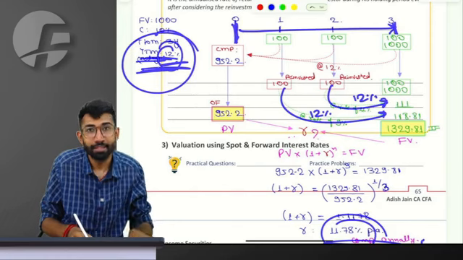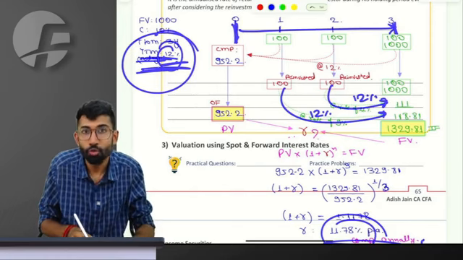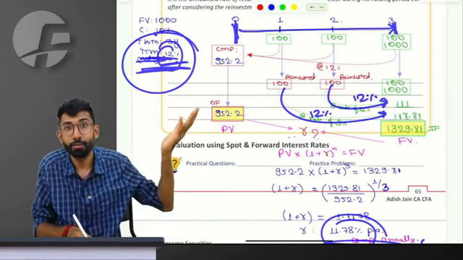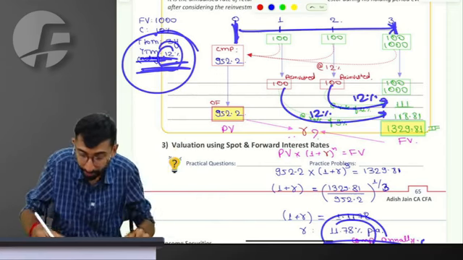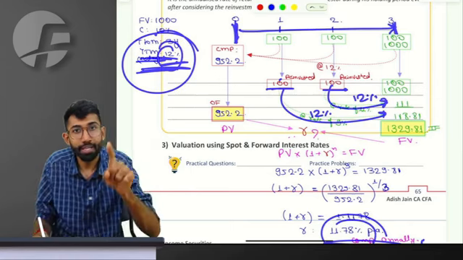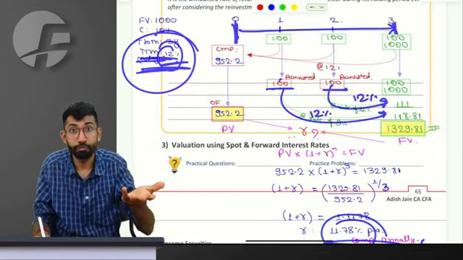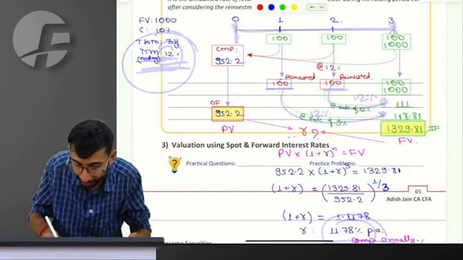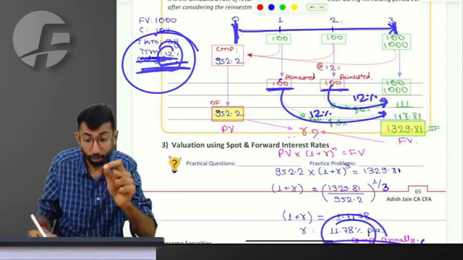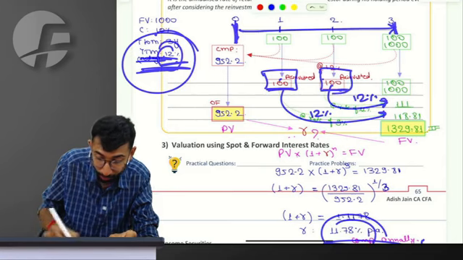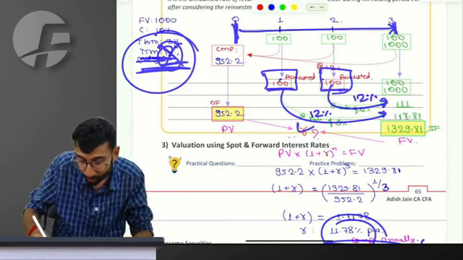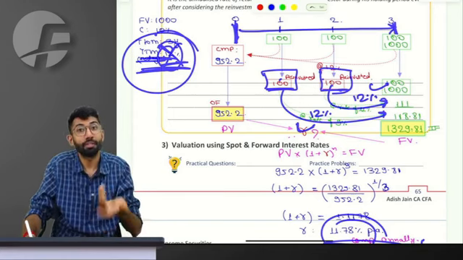However, people in the class, let me clarify the things to you with the clarity which are not even being taught in general in the regular batches in the market. Sir, in reality, the YTM in the market will change, right? And with the change in YTM, my actual rate of reinvestment of the coupon will not be 12. The assumption will not be true. My actual rate of reinvestment may be 9 or 11%.